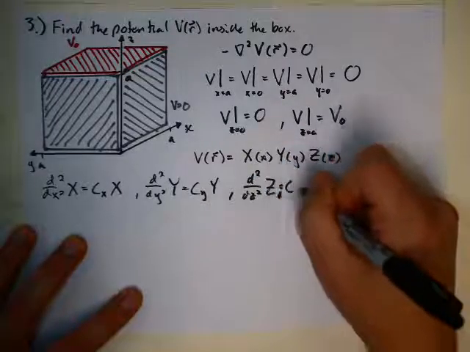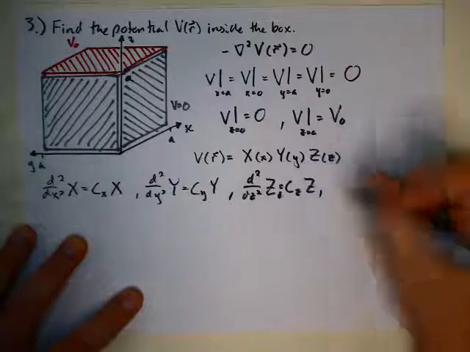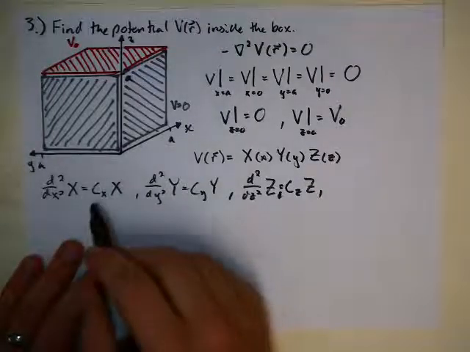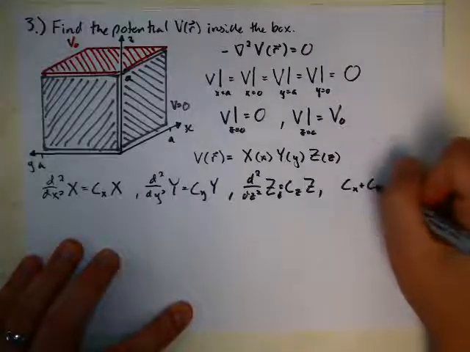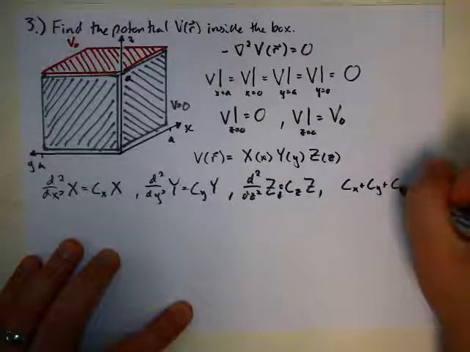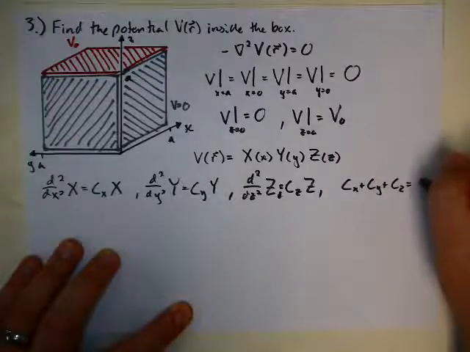With the caveat that these 3 constants, Cx, Cy, and Cz, have to add up to 0. So Cx plus Cy plus Cz must add up to 0.